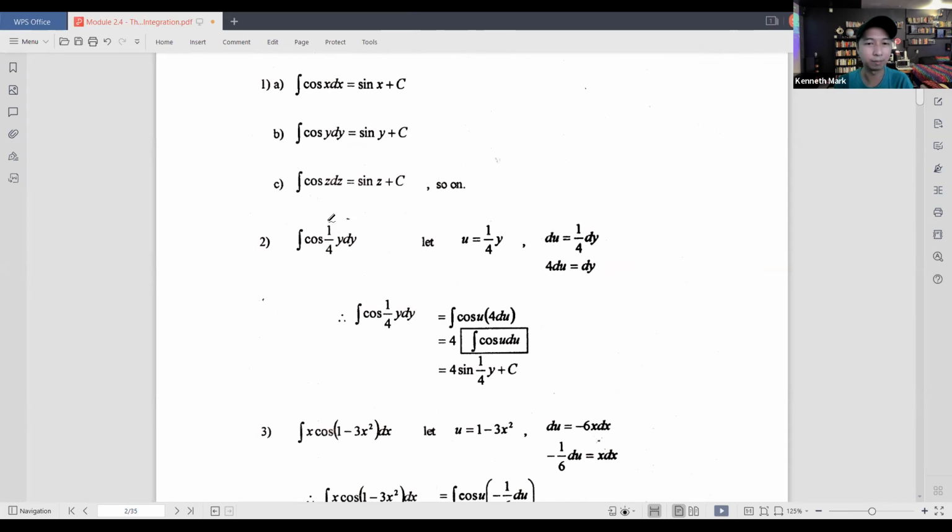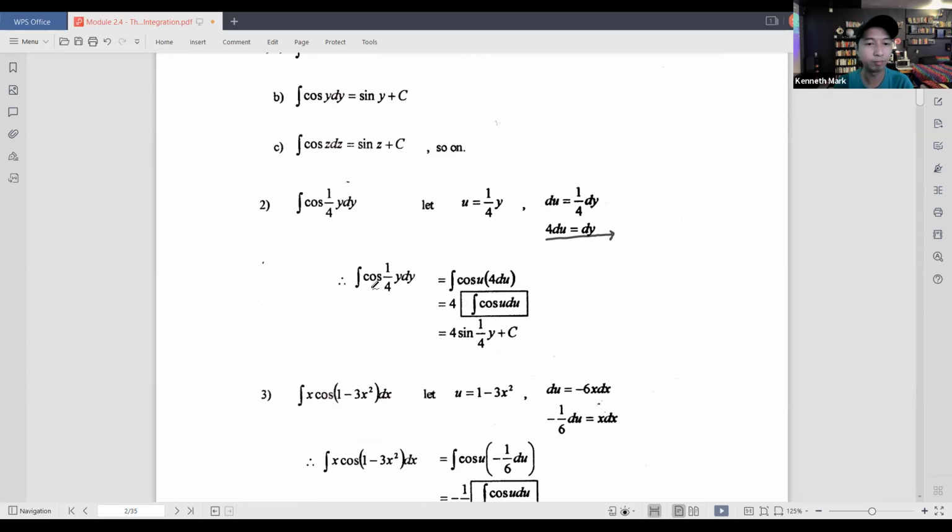So matitira na lang is cos dy. So we have here yung du natin, that is derivative of u, that is 1/4 dy. And for our dy, transpose natin sa kabila, you will have 4 du, which is equivalent to your dy. Ito.